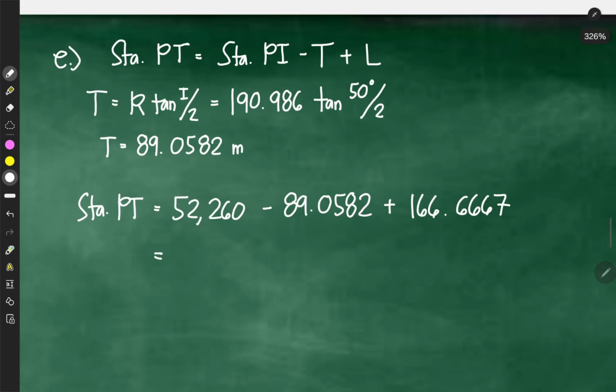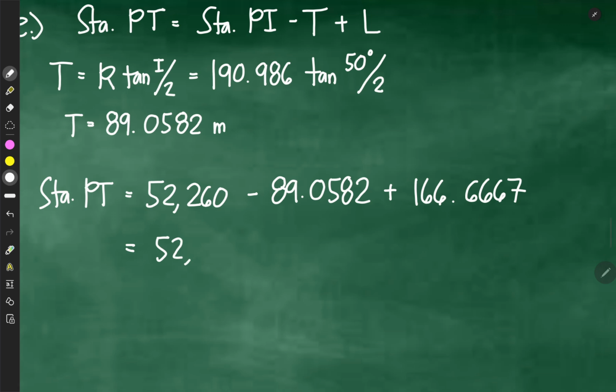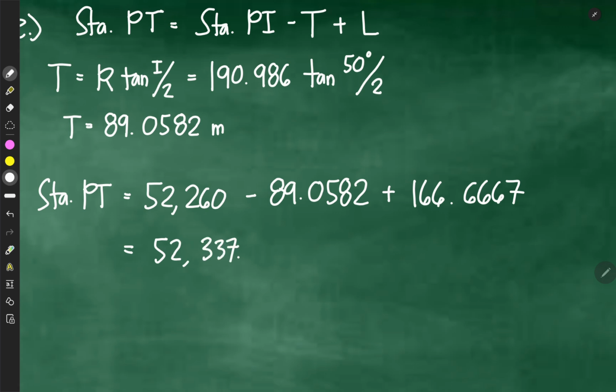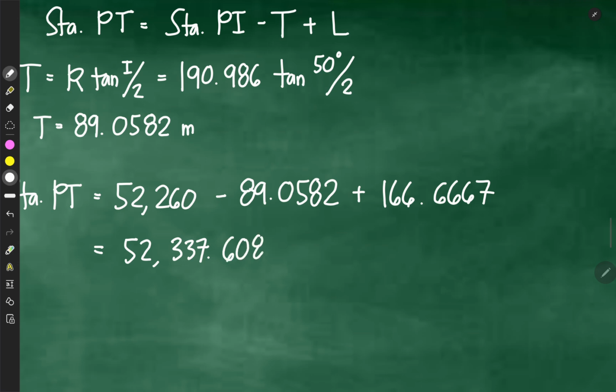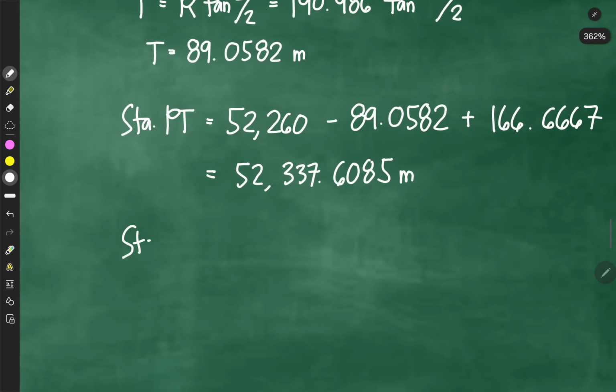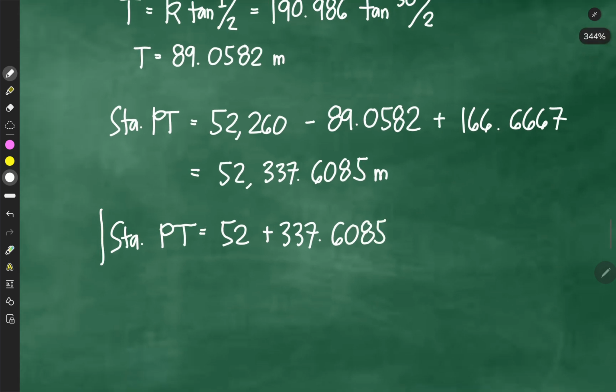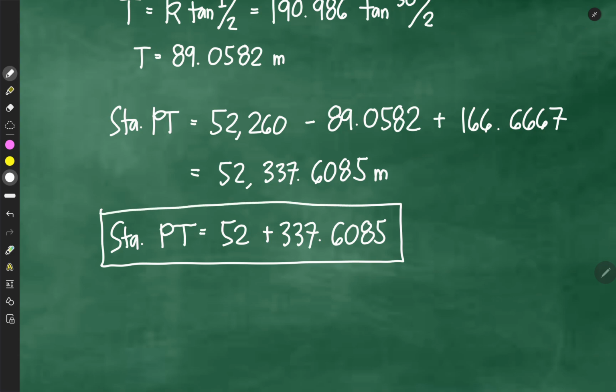Calculating this value gives us 52,337.6085. Again, this is not yet our final answer. The stationing of PT is equivalent to 52 plus 337.6085.